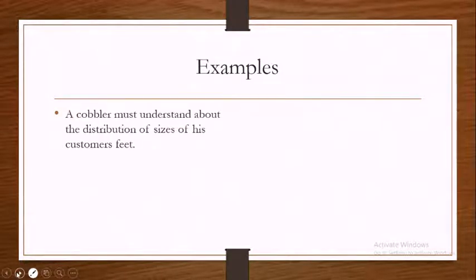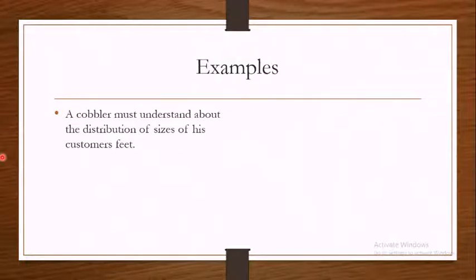I hope you all know who a cobbler is. What does a cobbler do? He manufactures shoes of different sizes. When I say the word distribution, you should keep that word in your mind. Imagine that a cobbler is manufacturing shoes of different sizes for his potential customers according to the size of the customers' feet.